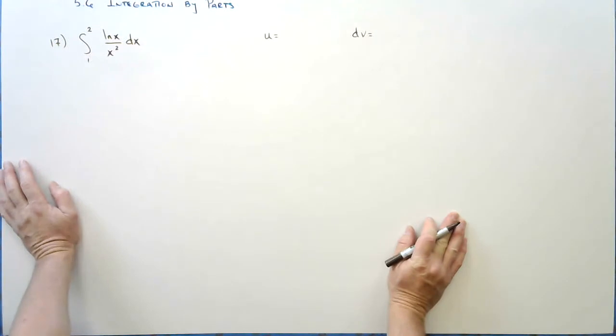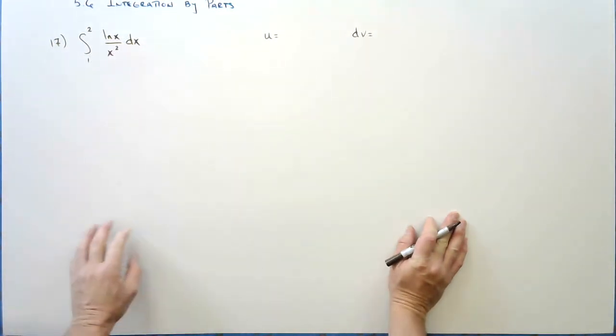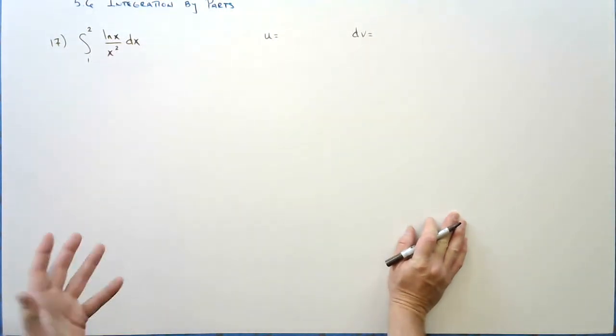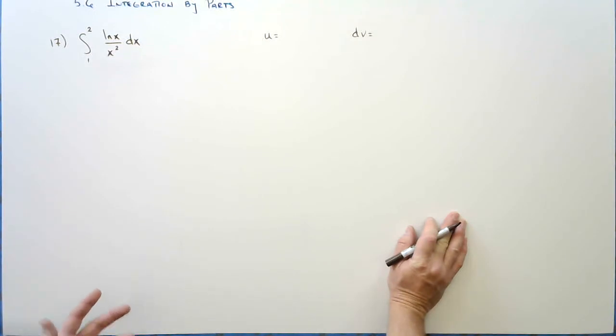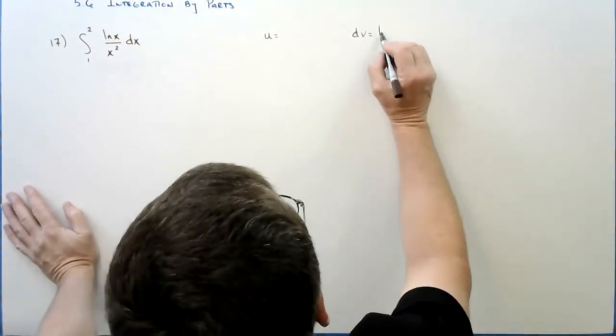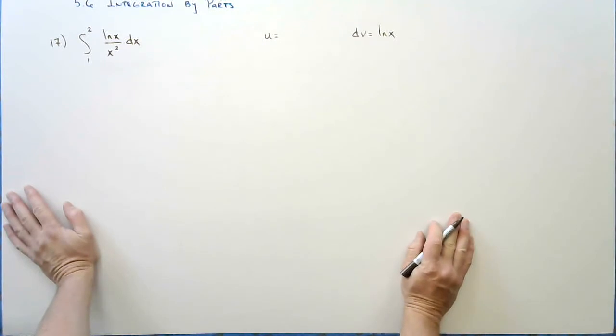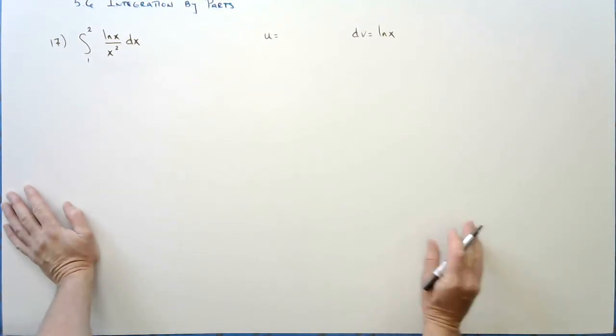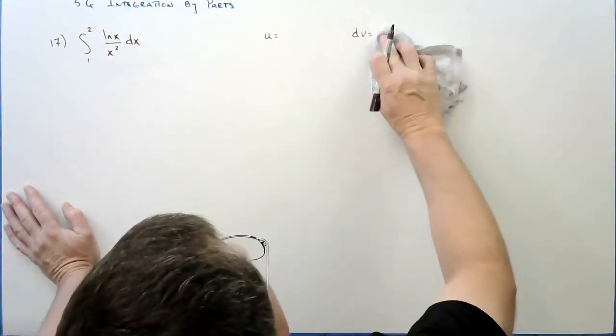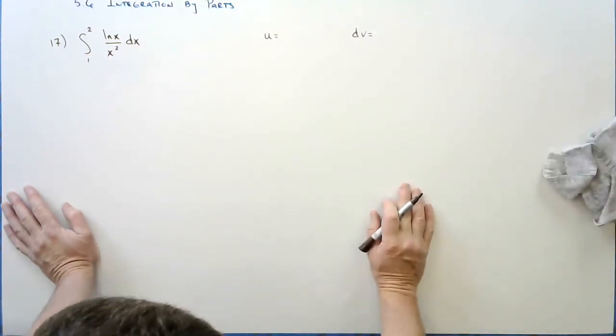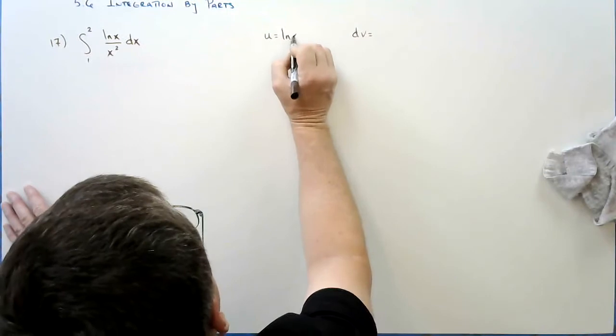We're not just going to go, oh, that's an x, I'll put it here. We're going to have to ask ourselves, what can I take the derivative of? What can I integrate? We don't have an integral formula for the natural log of x. Nobody in Calc 1 taught us how to integrate the natural log of x. So we can't put that there, which means by default, it has to go here.